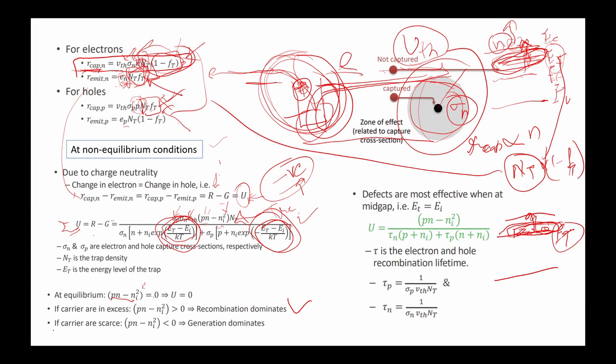If carriers are scarce, pn minus ni square is less than 0. That means pn is less than ni square, so there will be generation.